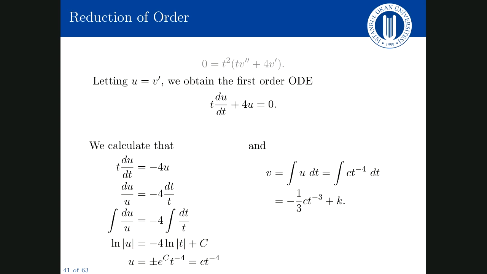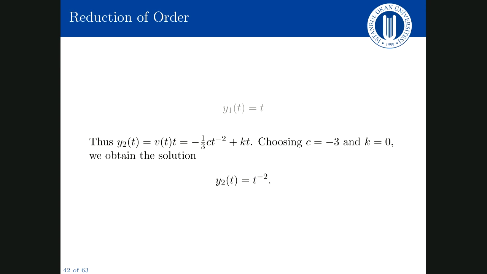At this point, we can choose c and we can choose k. Let me repeat, y1 was equal to t, y2 is v t multiplied by t, or minus 1/3 c t to the power minus 2 plus k t. We can choose c and we can choose k.